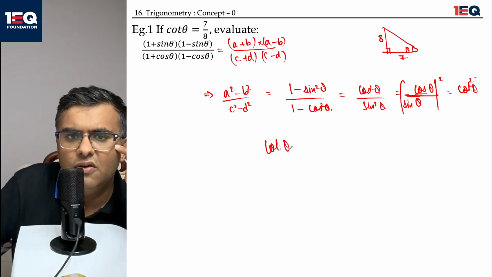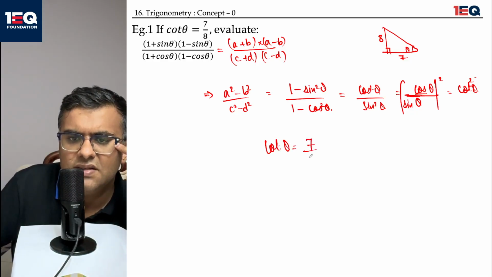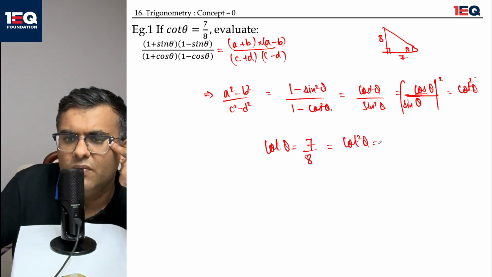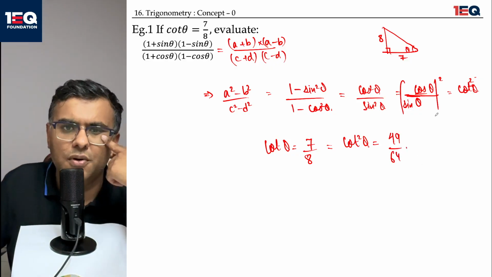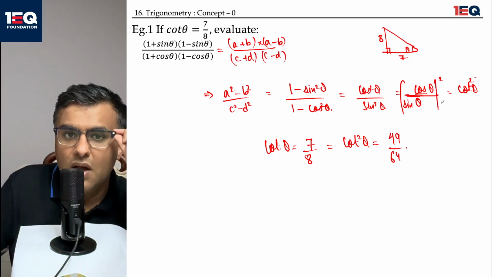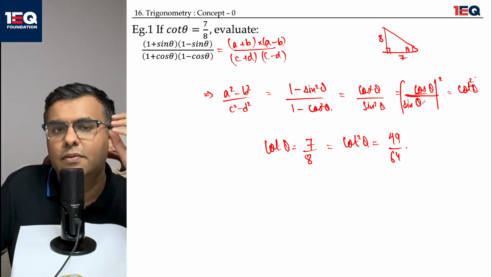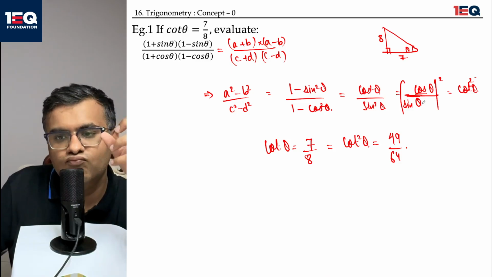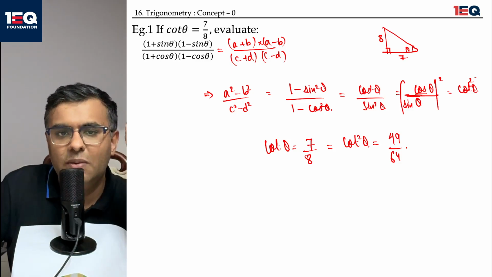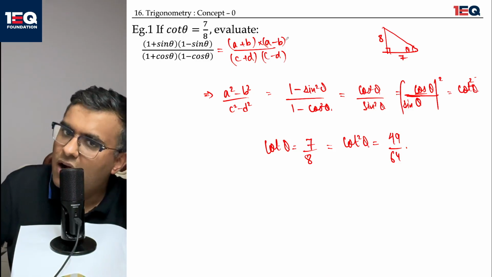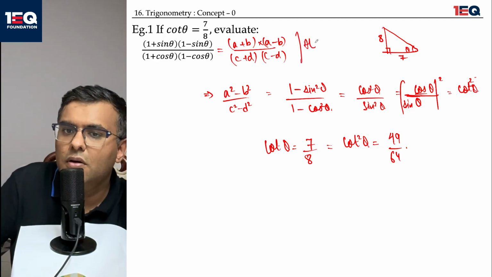We have the value of cot theta as 7 upon 8, so we can say the value of cot square theta is nothing but 49 over 64. This is when I played with 1 plus sine theta and 1 minus sine theta. I brought in algebra over here.